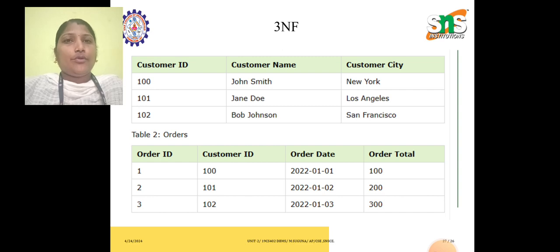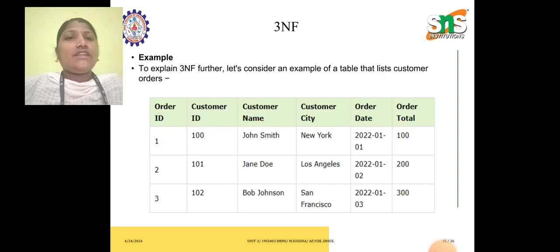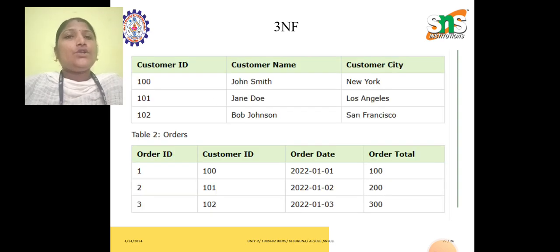third normal form properties. So now we are dividing this table into two tables: customer ID, customer name and customer city as one table, and order ID, customer ID, order date and order total as another table. In the first table it satisfies atomic values and there is no partial dependency because customer name is fully dependent on customer ID, and customer city is also fully dependent on customer ID.